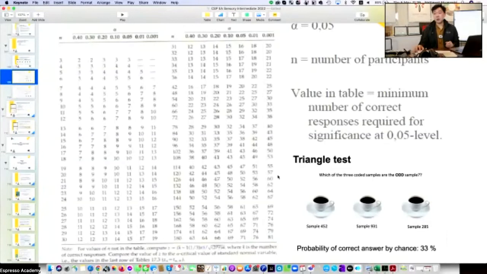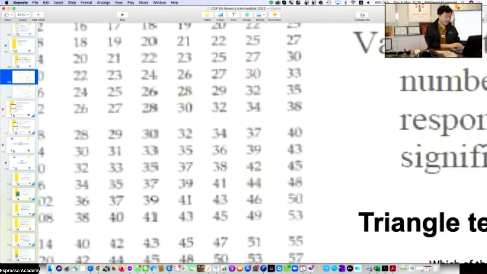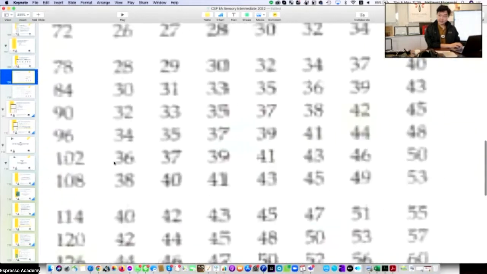Let's see, there is 102 people right here on the table, okay? Based on this finding and our sample of 100 people, we need to find at least 36, like right here, at least 36 correct answers, okay?